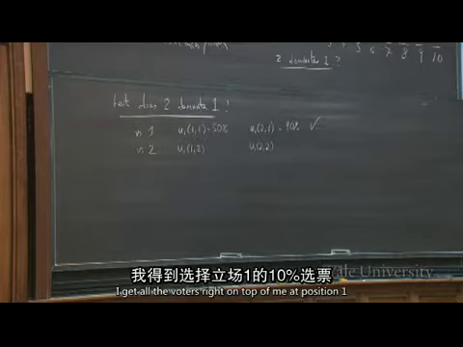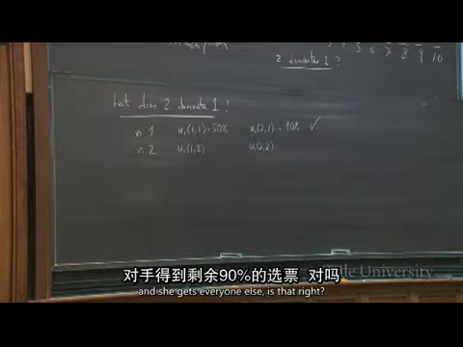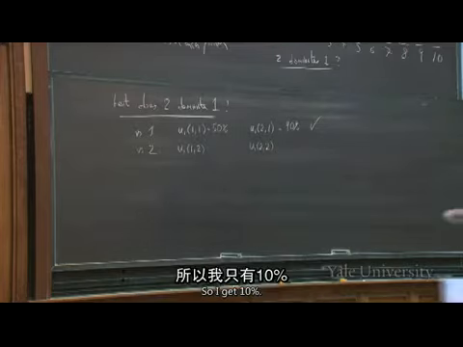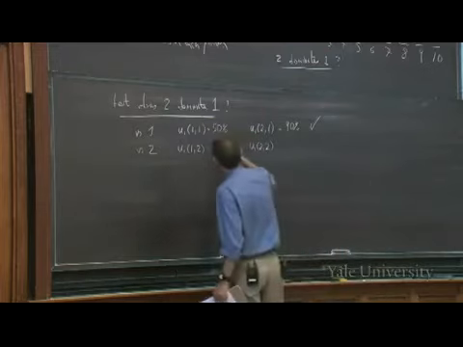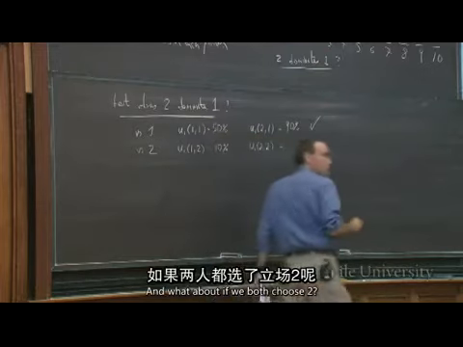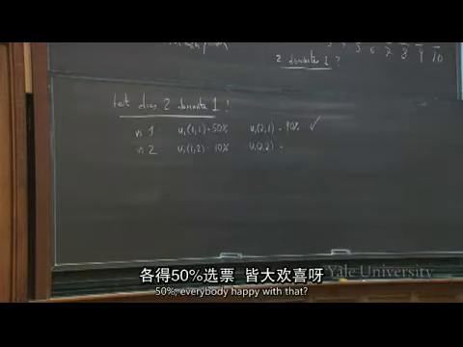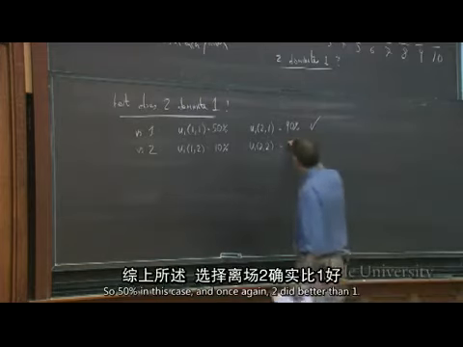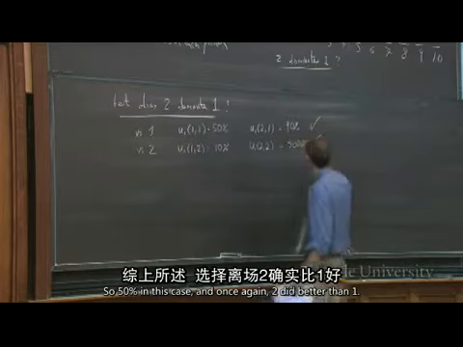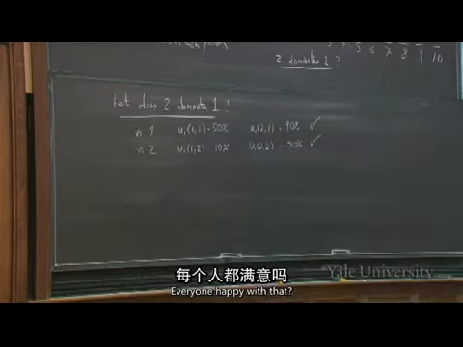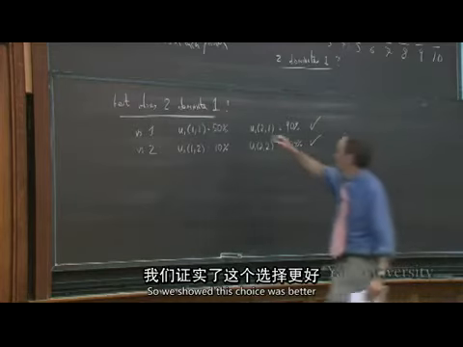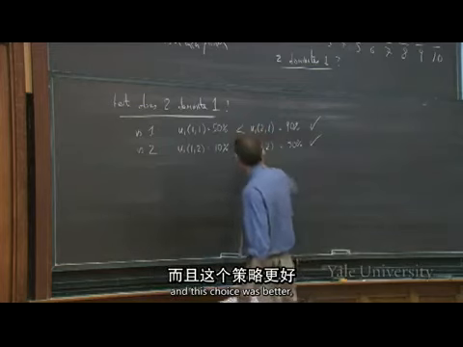I get all the voters right on top of me at position 1, and she gets everyone else. Is that right? So I get 10%. And what about if we both choose 2? 50%, everyone happy with that? All right, so 50% in this case. And once again, 2 did better than 1.